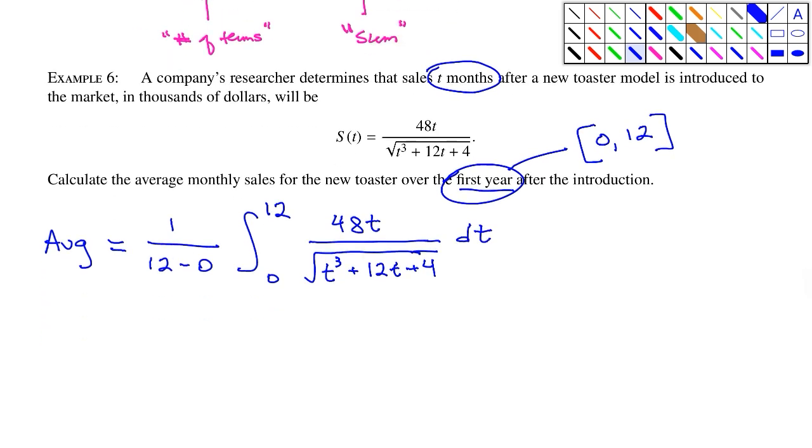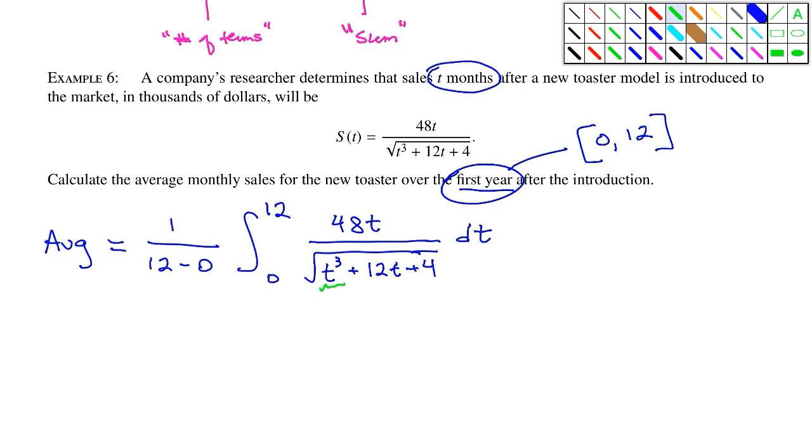Now notice that we can't find the antiderivative of this one. We might think about using substitution, but we have t cubed in the bottom with a square root, not t squared. And a t cubed would produce a t squared, which we don't have that we can get rid of.